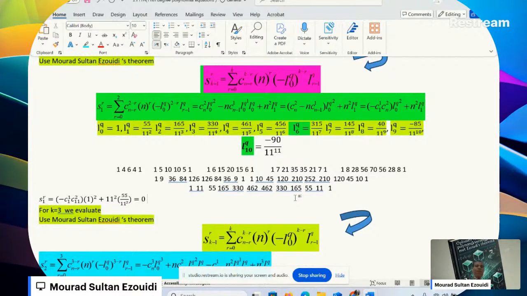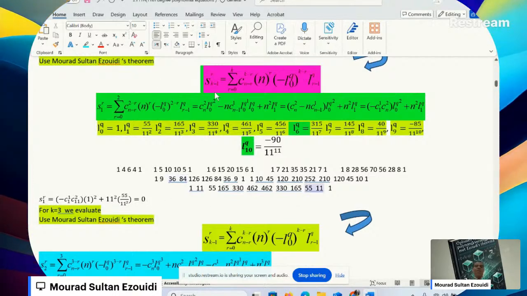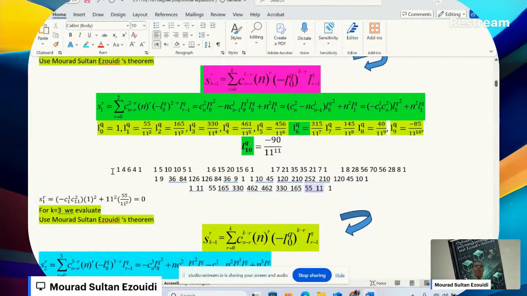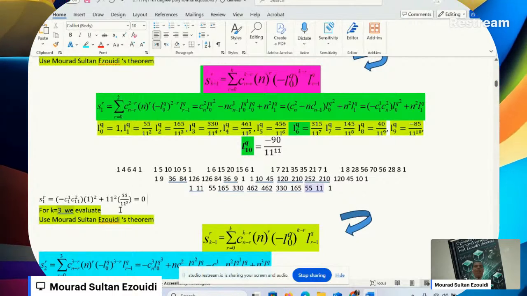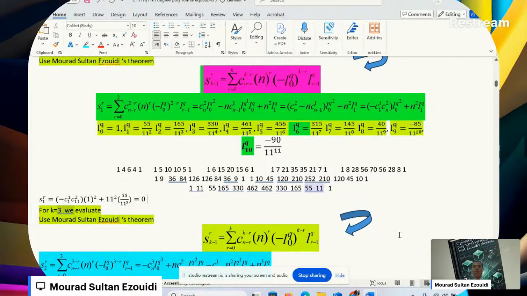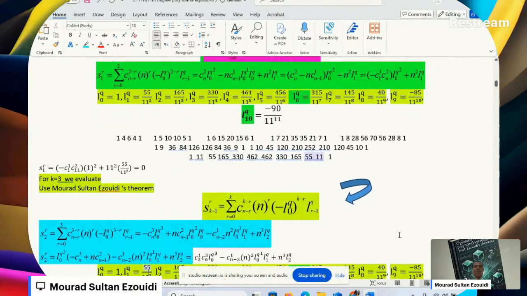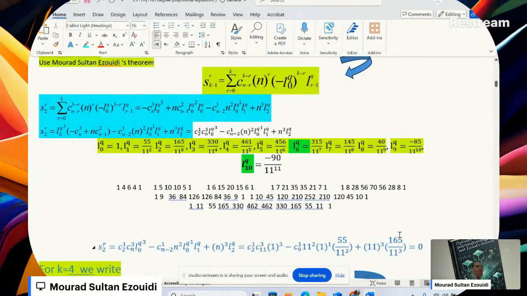Here, as one of my kids, just dive into the structure of this and put k equal to 2, you obtain that s1 is equal to this, and make your substitution, you find that s1 is equal to 0. We continue here, my learners, professors from all over the world, from all over the universities.